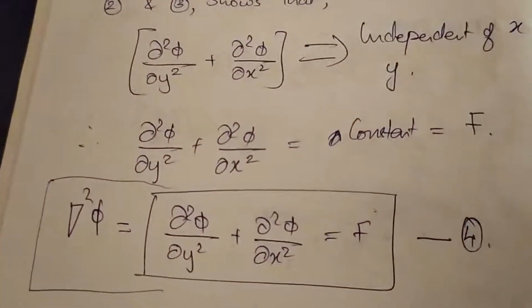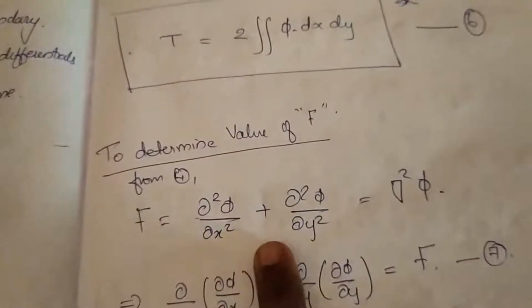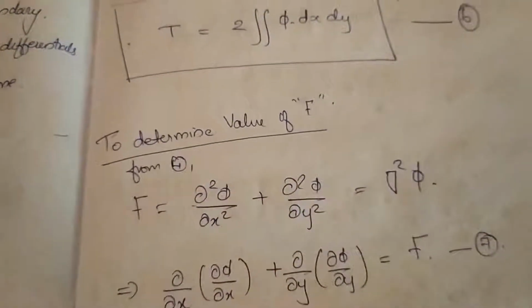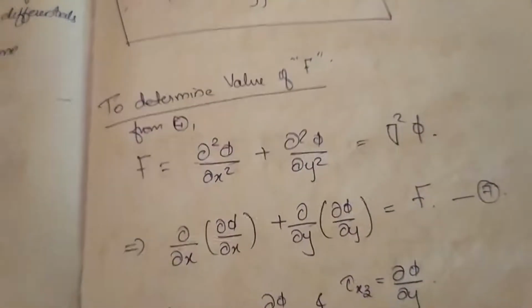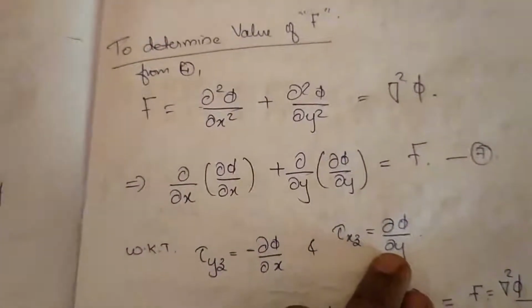Initially we had del square phi is equal to F, right? So we'll find the value of F. Del square phi is dou square phi by dou x square plus dou square phi by dou y square. Here you will again give the values of tau yz and tau xz.